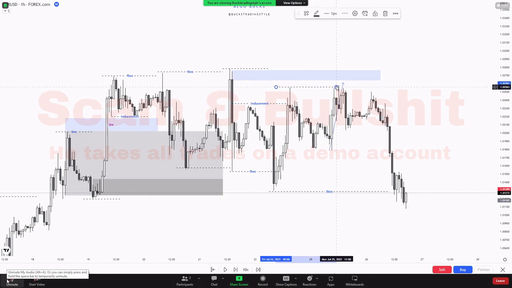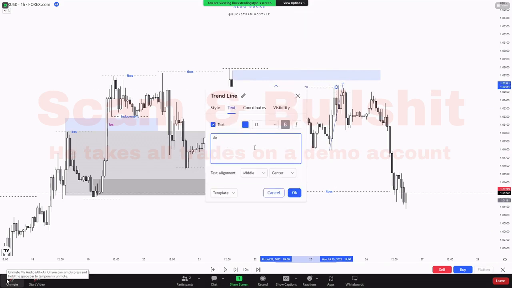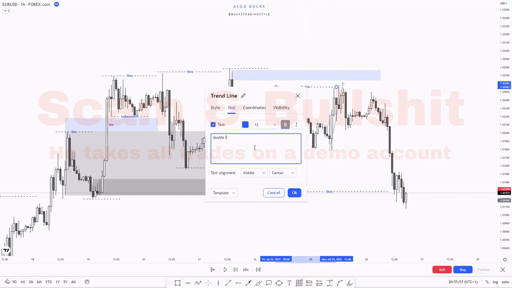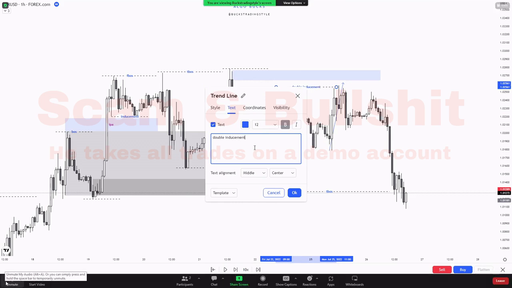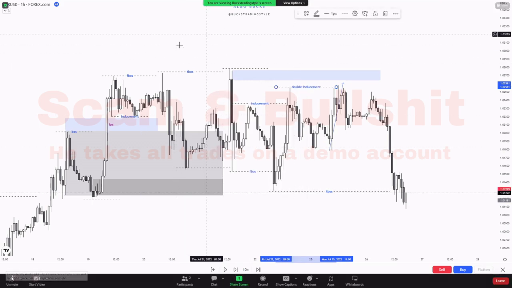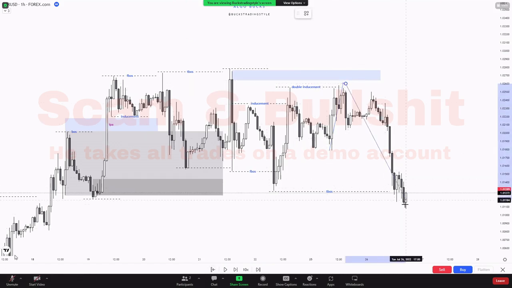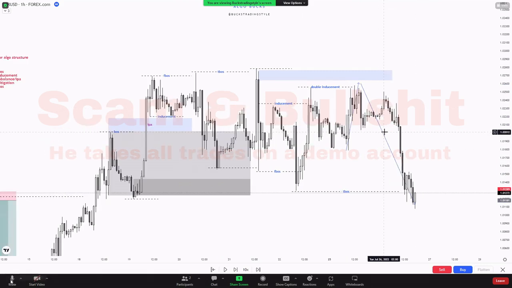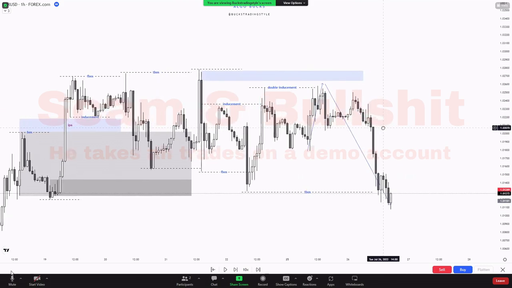Then this becomes the double inducement. After price takes out that high, it then goes down to the true break of structure. You understand this? Yes. This is a perfect example.